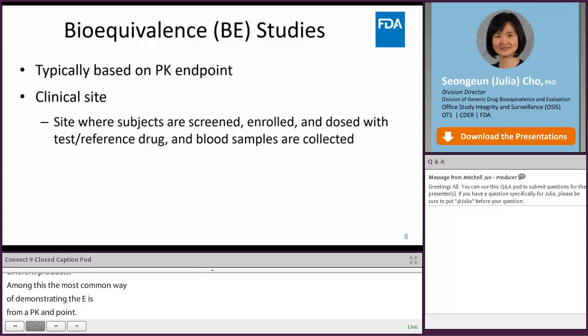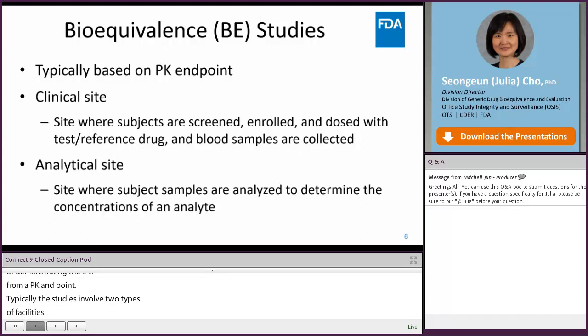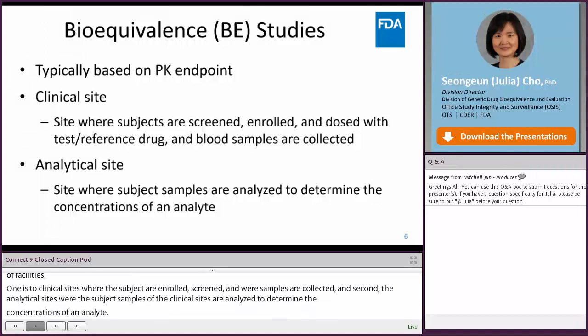One, the clinical sites where subjects were enrolled, screened, and dosed with the study drugs, and blood samples were collected. And second, the analytical sites where the subject samples from the clinical sites are analyzed to determine the concentration of an analyte. OSIS oversees inspection at both of these types of facilities. However, for today's presentation, we are going to primarily focus on the sites where the analytical work was conducted.